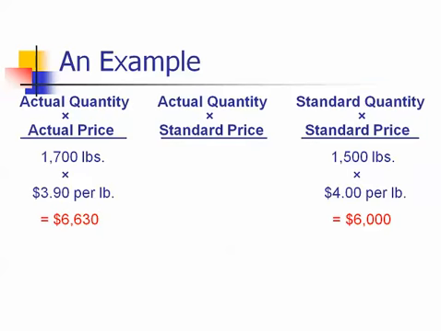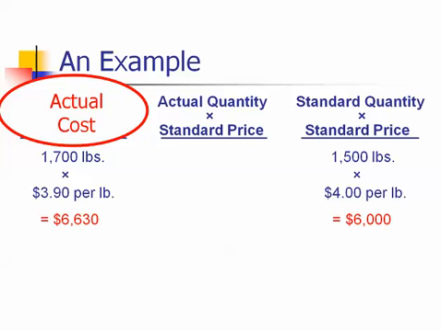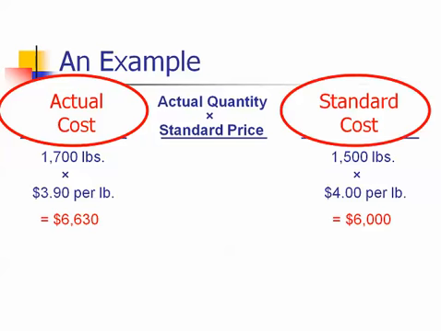Without getting into too many details, let's take a look at an example using a three-column format. In the far left-hand column, we have actual costs. This is the actual quantities used and actual prices. The actual cost for direct materials used during the period was $6,630. In the far right-hand column, we have standard costs.